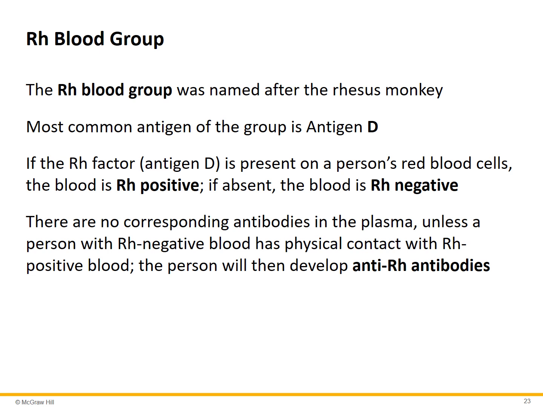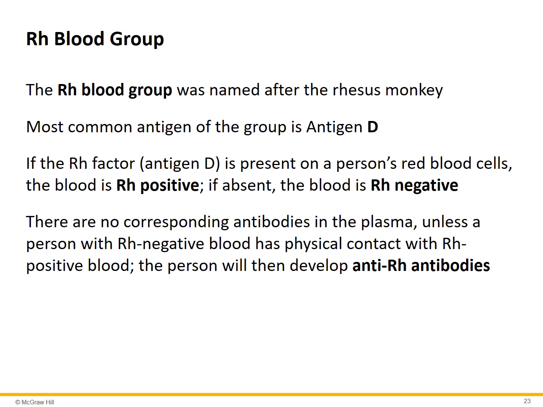Now, the reason why this one's a little bit different is you don't have corresponding antibodies in the plasma if you're Rh negative, unless you come in contact with Rh positive blood. So this is a type of immunity that's not innate, you're not born with it, but it's acquired.